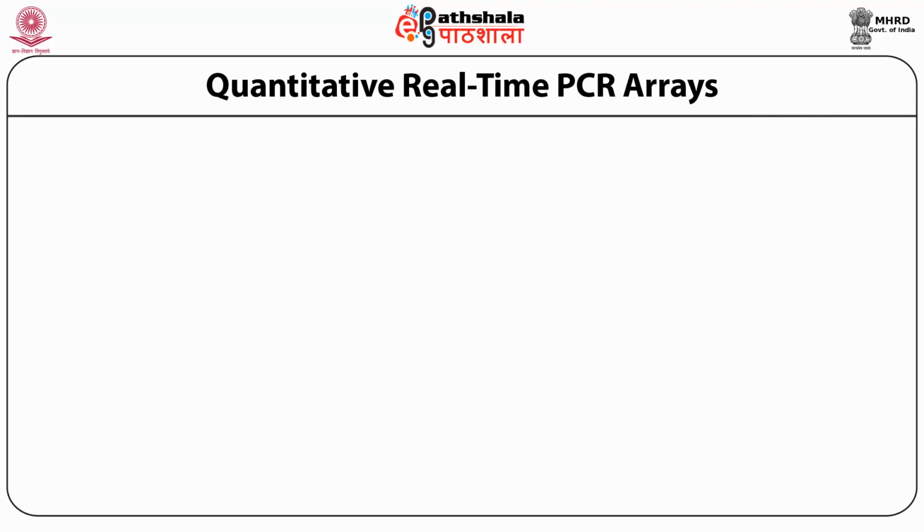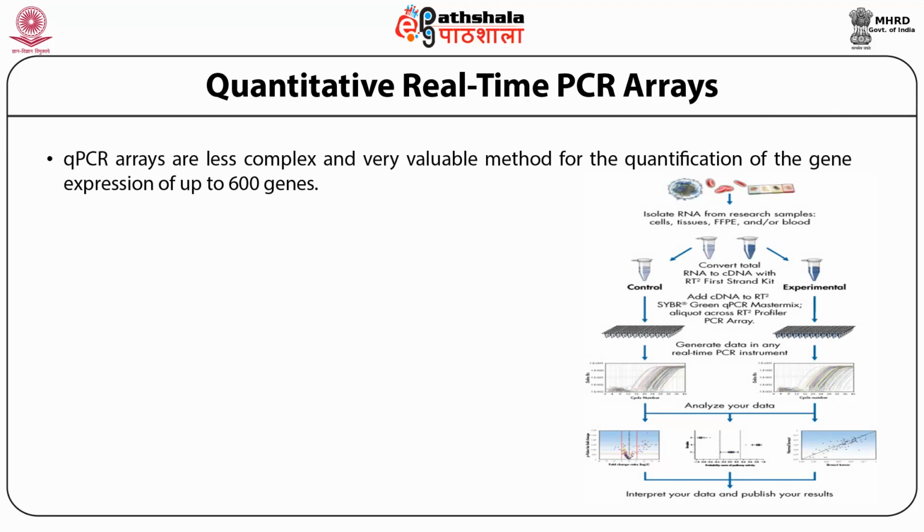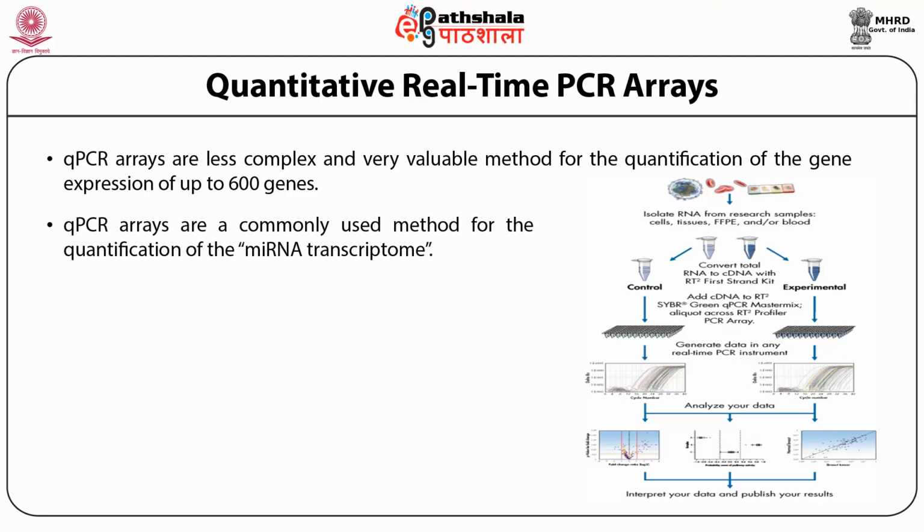Quantitative real-time PCR arrays. Quantitative real-time PCR arrays are a less complex and very valuable method for the quantification of the gene expression of up to 600 genes. Quantitative PCR arrays are a commonly used method for the quantification of the microRNA transcriptome. This is mainly based on two facts.